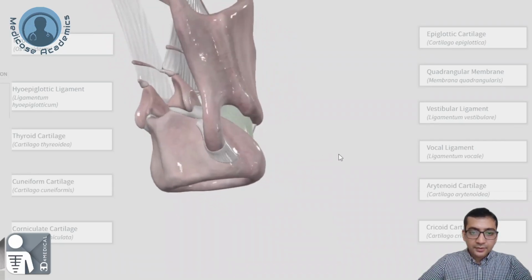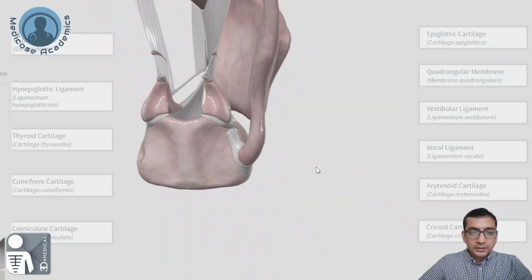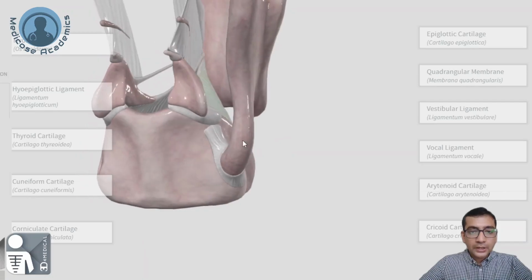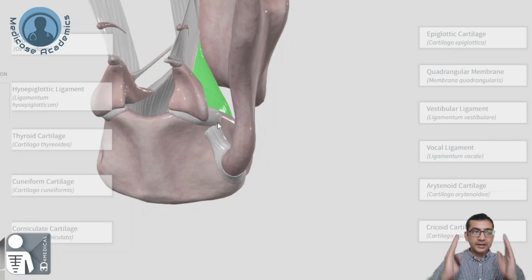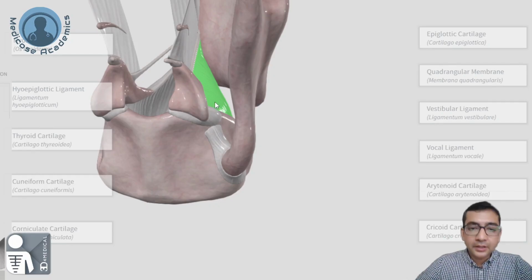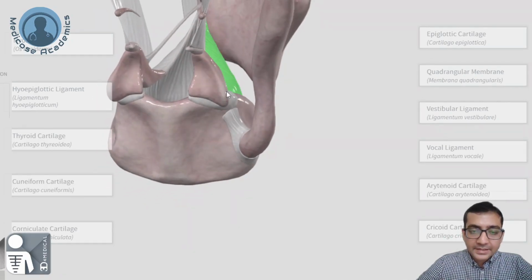Let us look from this view. So see, from here we can see how it is going up inside the thyroid cartilage without actually attaching to it. It is turning inside, going in the inner aspect of the thyroid cartilage and going up.